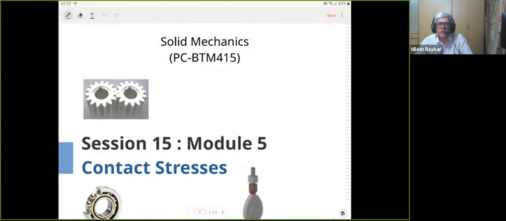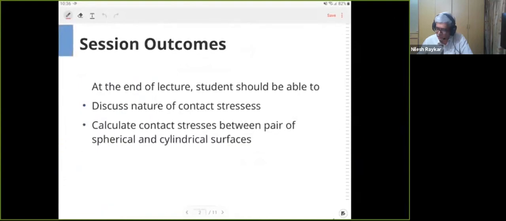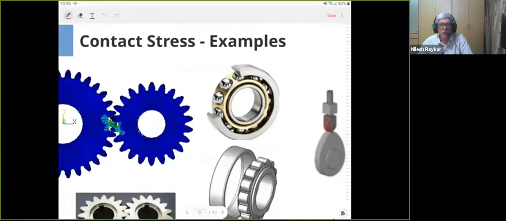So the contact stresses. We have seen the different scenarios in which the contact stresses will occur. There are different geometric types where the contact stresses can occur.